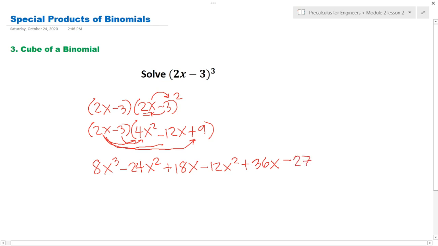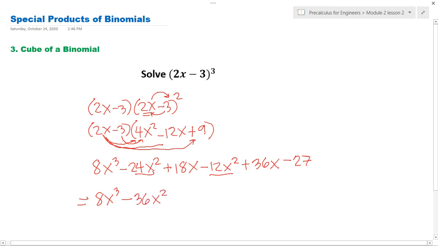That's it. Then combine same terms. So you have here 8x cubed, minus, depende. Negative 24x squared, and then the negative 12x squared. So, buti na lang, negative pa rin. So, we have negative 36x squared.